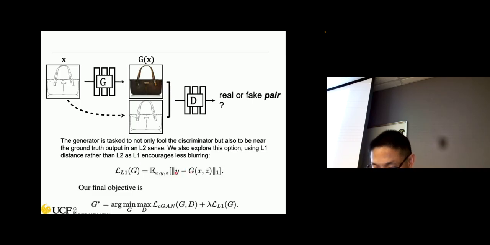It measures how close the generated image and the real image are. They use the L1 loss to try to make the image sharper, whereas the L2 loss is more prone to smooth output. Basically, you can add this kind of image quality measurement as an additional loss to guide the generation, in addition to the GAN loss.